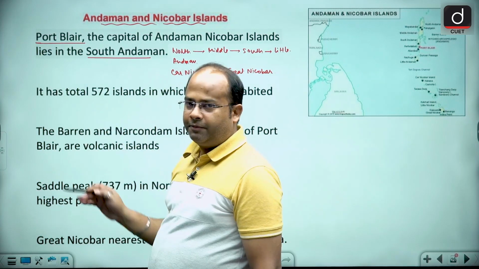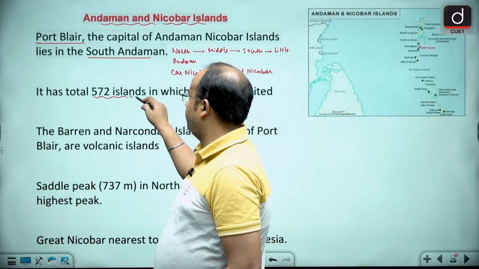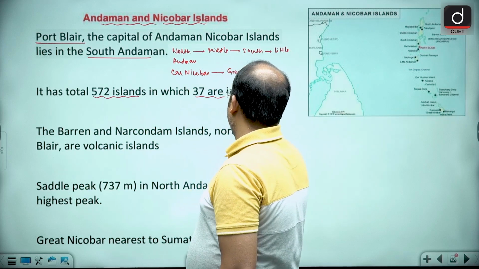The number of islands in Andaman and Nicobar is 572, in which 37 are inhabited.